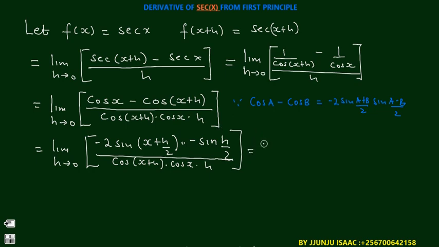Now this is a 2, this is sine h over 2. So before the limit I will say 1 over cos x, and the limit as h tends to 0.